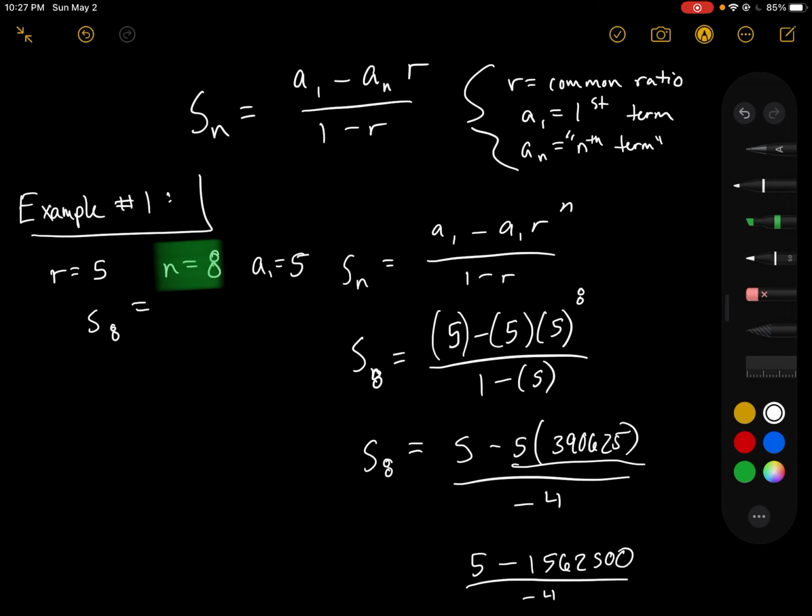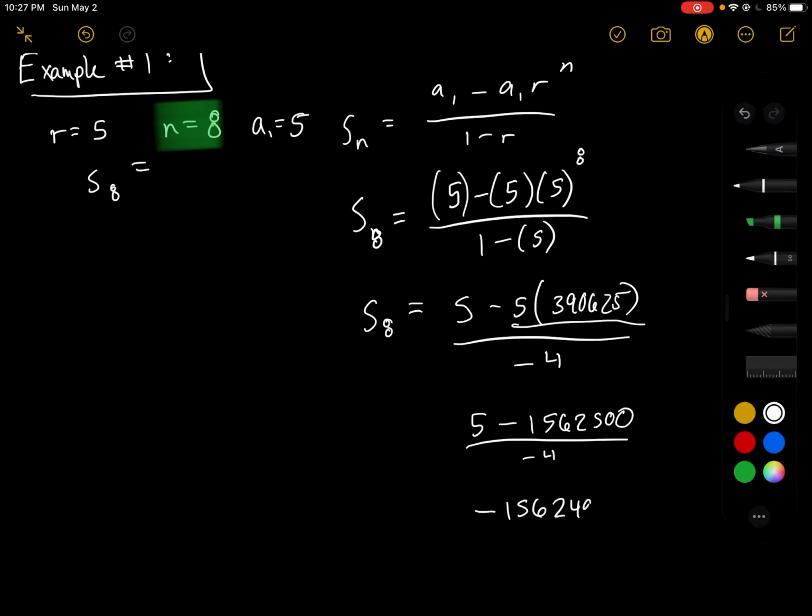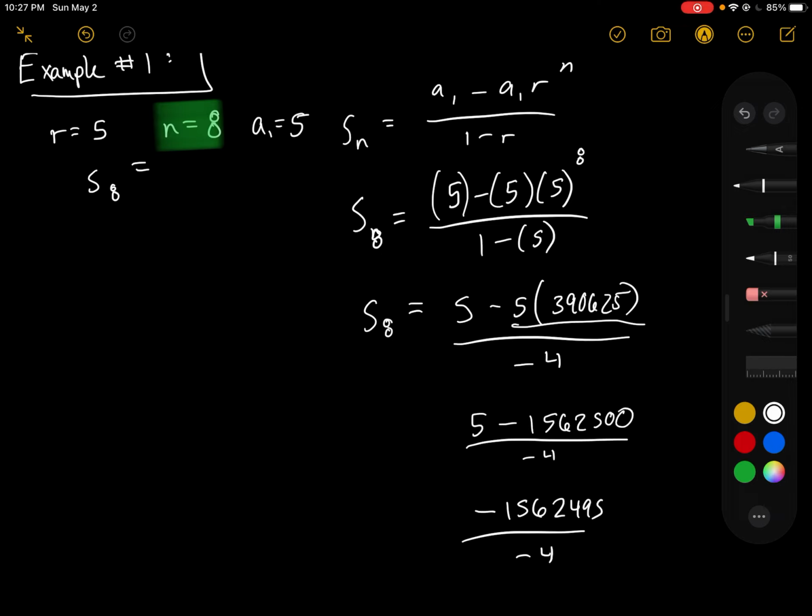Over -4. Our next step is take what we had on top there and multiply that by 5. Again, all over -4 still. And now it's 5 minus that. Again, -156,2495 over -4.